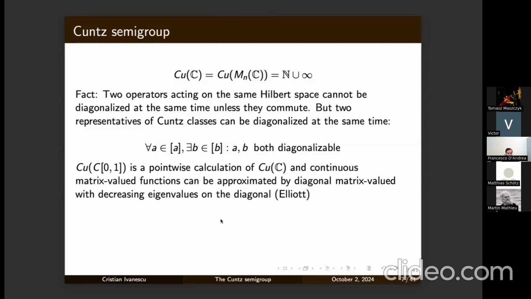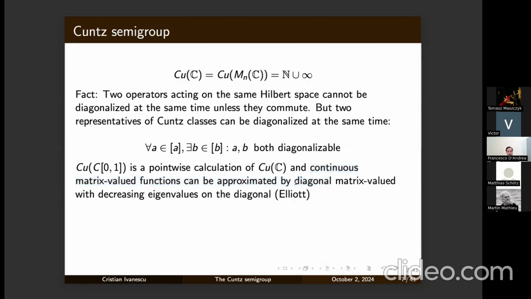Now, regarding the calculation of the Cuntz semigroup of C of [0,1], the first observation is that this is a point-wise calculation. If you evaluate your function anywhere between 0 and 1, that's like having complex numbers. So in a certain sense, you try to glue together all these calculations. Now, this obviously sounds easy, but there is still one more important detail. And that is this statement here, which says that if you have a continuous function with values in matrices or compact operators, you can approximate this by diagonal matrix valued functions.